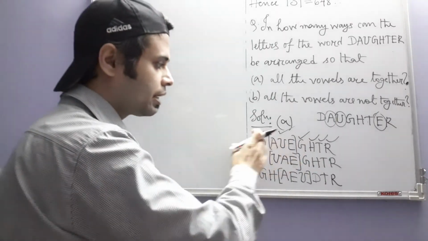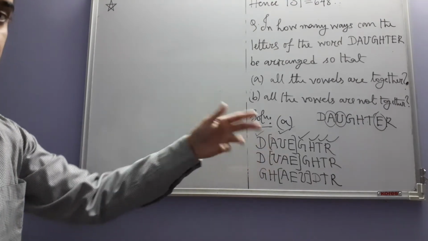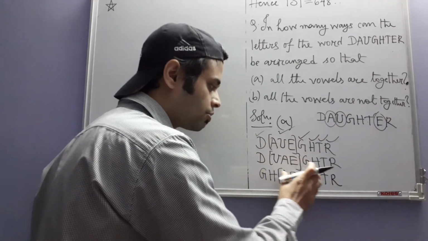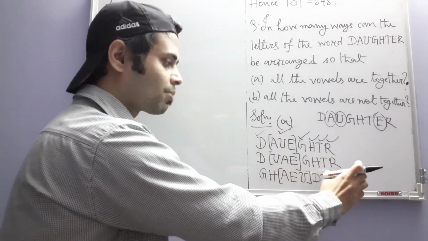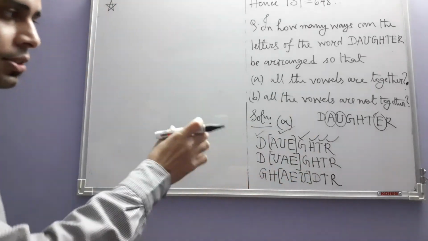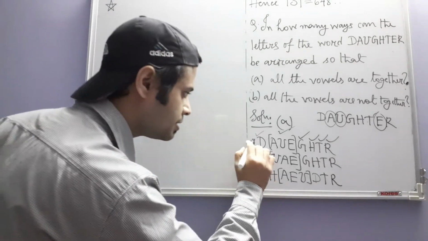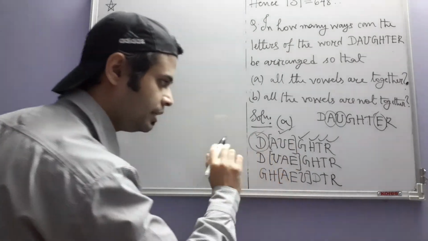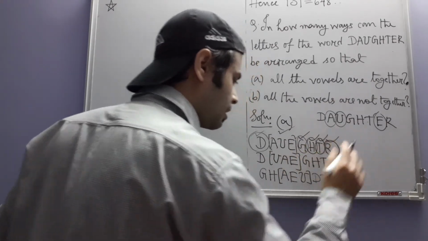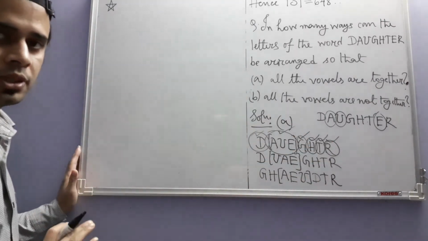We are moving around these 6 objects. Do you get that point? We are actually moving this whole group together. Wherever we place the group, A, U and E must be together. That's the condition. And these 6 objects are distinct. D, H, G, T, R, these are all different. This object is also different from all of them.